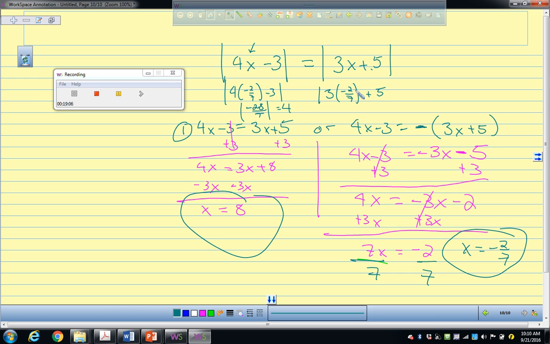Negative 6 over 7 plus 35/7. 35 and negative 6 is 29/7. Uh-oh. What? Negative 6/7 and 35/7. I must have done something wrong. Negative 8. Oh, that should have been negative 29. Never mind. They both work if you plug them in.